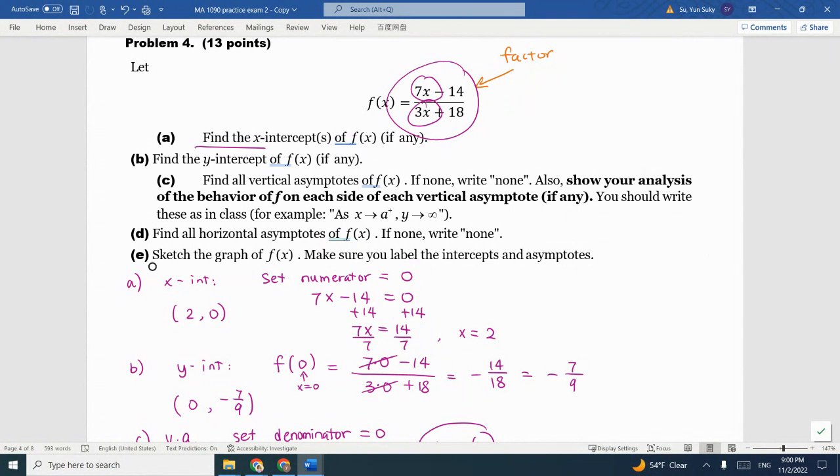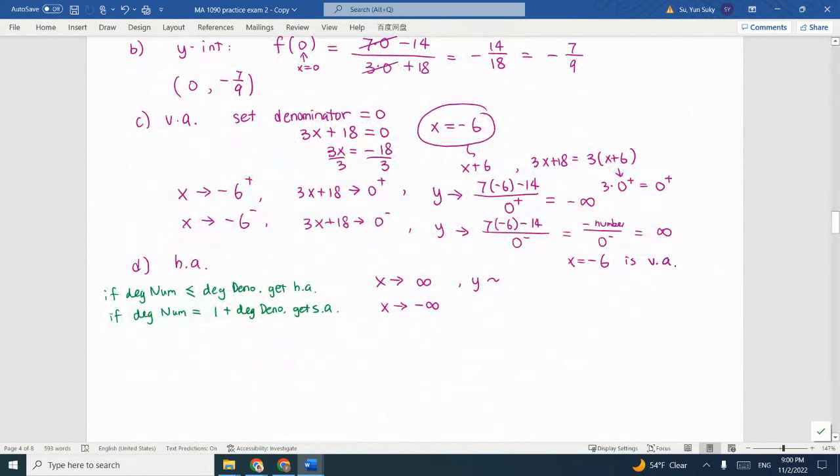So the dominant term of the numerator is 7x. The dominant term of the denominator is 3x. That's why y behaves like 7x over 3x. Now you see the x cancel. That's 7 over 3.